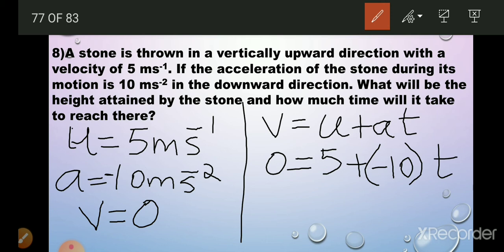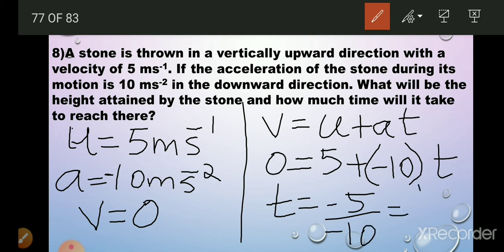So t is equal to minus 5 divided by minus 10, which is equal to 1 divided by 2, minus minus cancels. So time t is equal to 0.5 second. Half means 0.5 second it is.